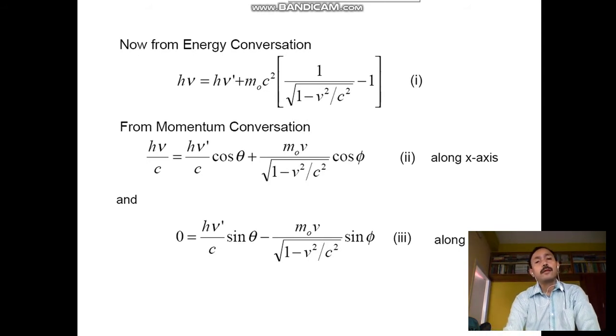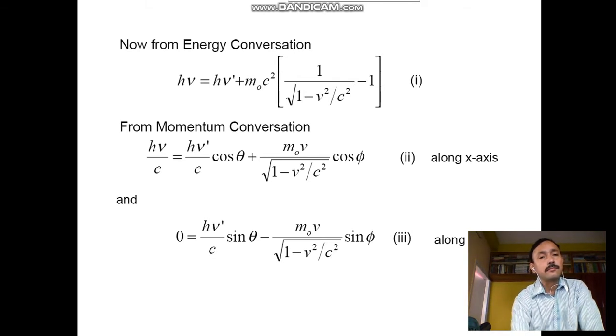Now from the conservation of energy, before the collision and after the collision, energy will be same. So before the collision, energy of the photon is h nu, plus m naught c square.